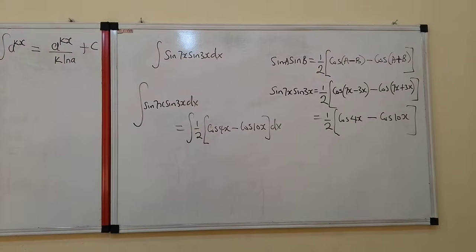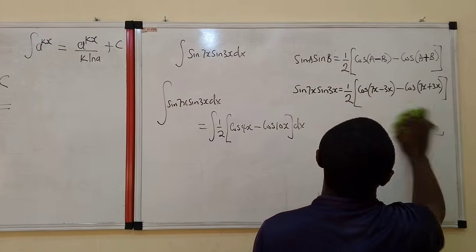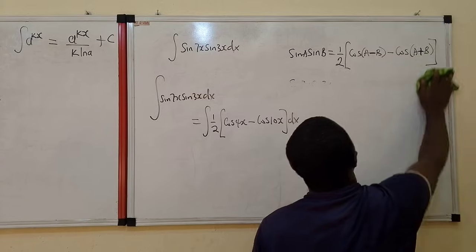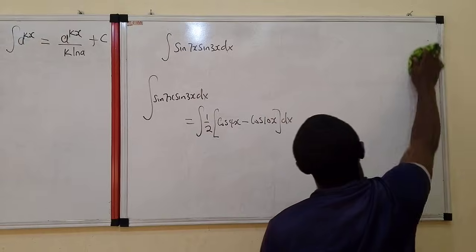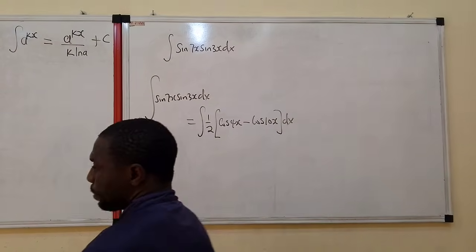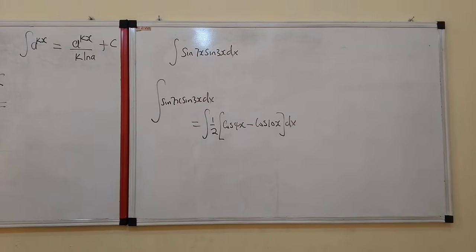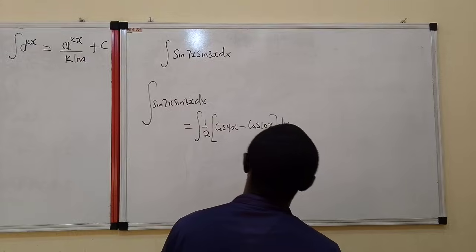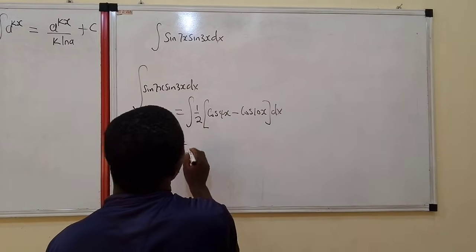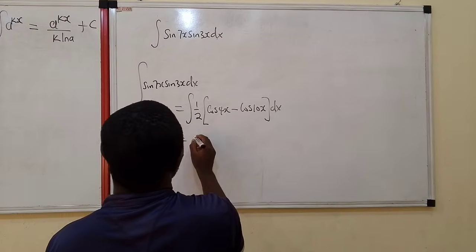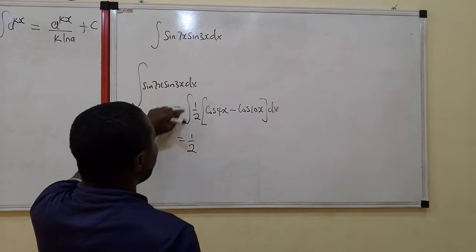Let me wipe out that side. So the next thing is this. Bring out the 1 over 2 outside. I have 1 over 2. That's the 1 over 2 is a constant, so you bring it outside the integral.